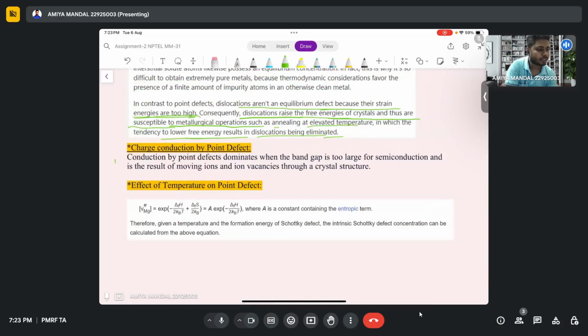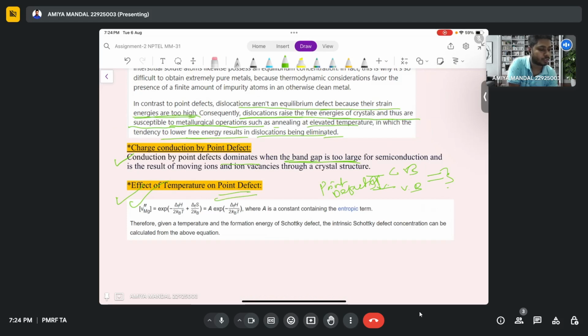Charge conduction terminates when the band gap between the conduction band and the valence band is too large. These point defects help to decrease this band gap. So this is told here, the effect of temperature on the point defects.